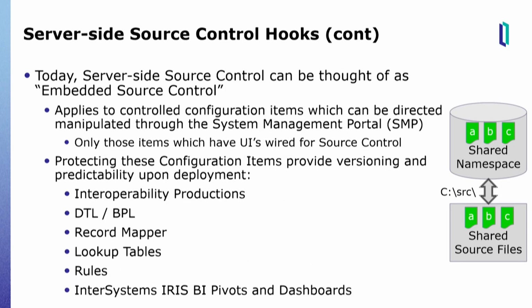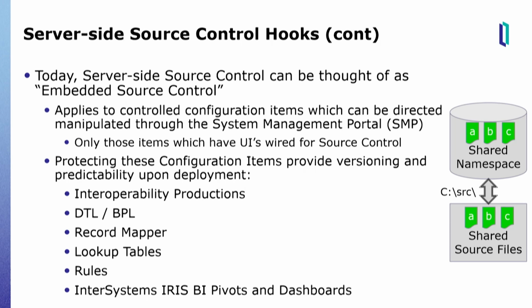We also call these today embedded source control hooks. And the reason for that is there are many types of source that we allow you to edit through the system management portal, right? So there are things like interoperability productions, DTL, BPL, the record mapper, lookup tables, rules, InterSystems BI. We let you edit them through the management portal, and we enforce the server-side or embedded hooks within those UIs.